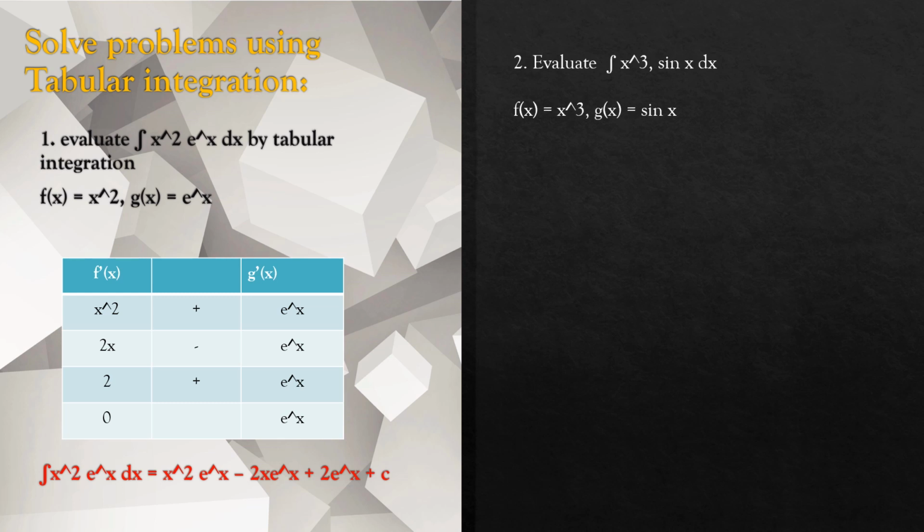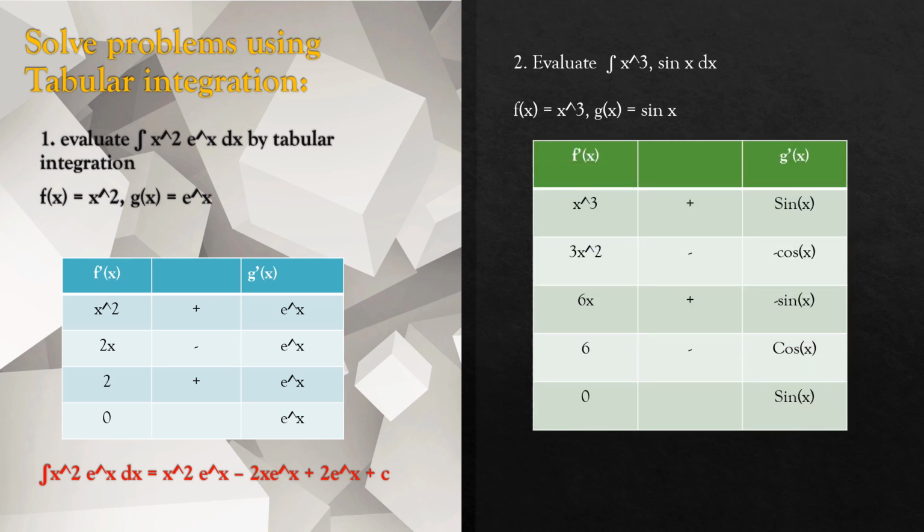Another example, evaluate the integral of x raised to 3 times sine x dx. Our u here will be x raised to 3, and sine x will be our dv. First we need to derive x raised to 3.